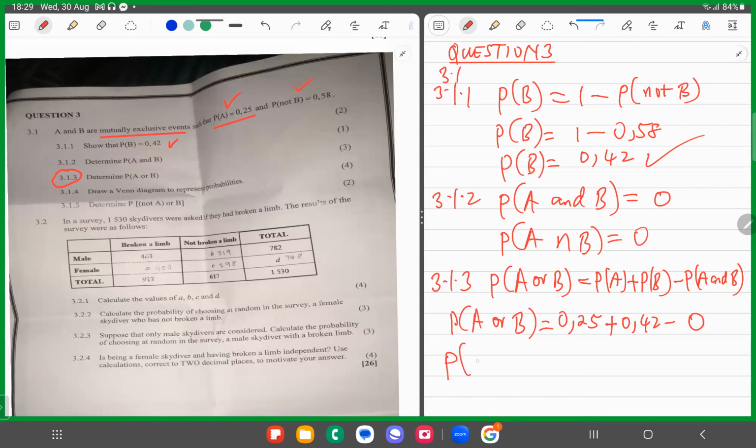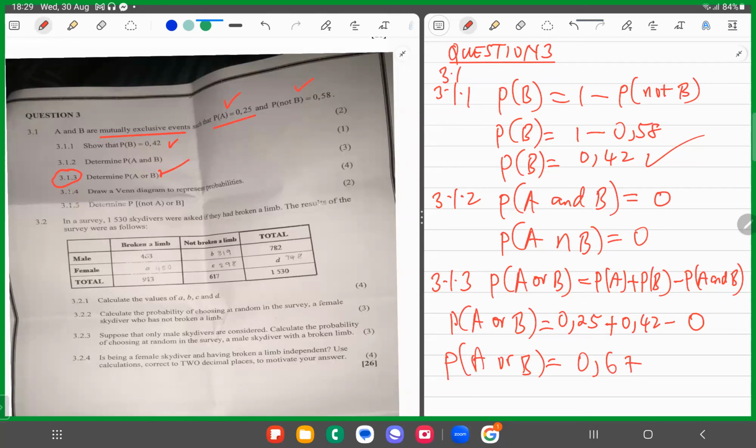Therefore the probability of A or B is the summation: 0.25 plus 0.42 is 0.67. So the probability of A or B is 0.67. Right, so we have done that question, finding the probability of A or B.